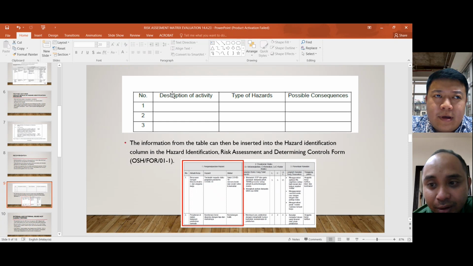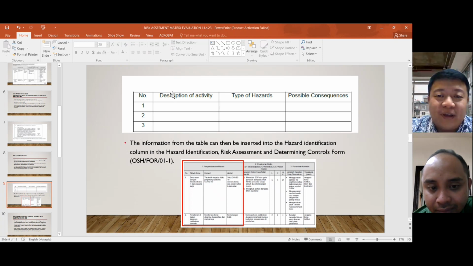If it's only one, it depends. It doesn't mean that the work activity must have more than one hazard. Maybe it only has a physical hazard. For example, when you go to the port and try to enter the container itself, maybe you have a risk of trip or fall inside the container. That one is under a physical hazard.